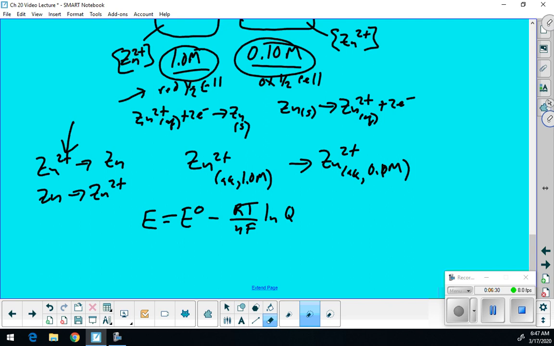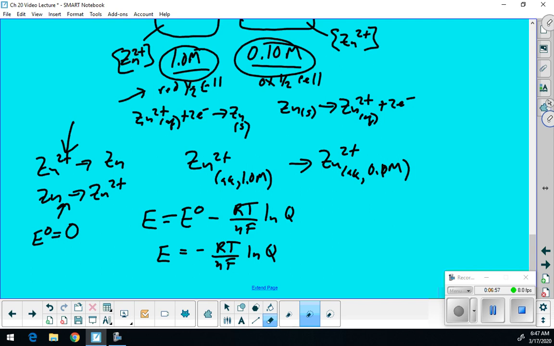This is happening at my cathode. This is happening at my anode, meaning my E naught for this is equal to 0, folks, right? My half cell potentials are the same, but I'm subtracting one from the other, which means that my E for this cell is simply negative RT over nF, natural log of Q, right?